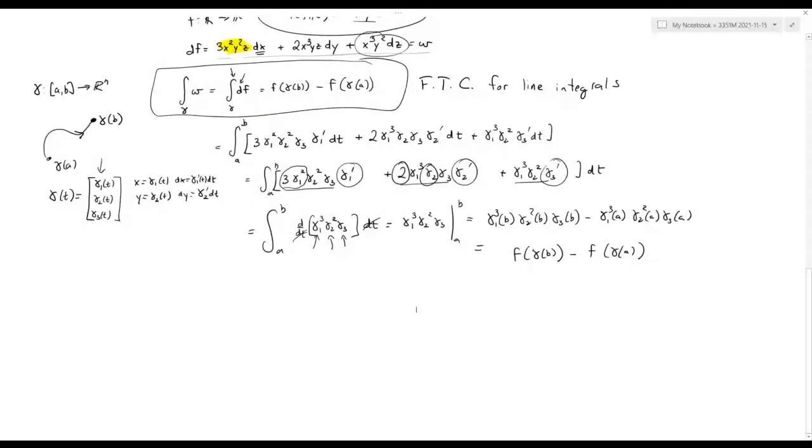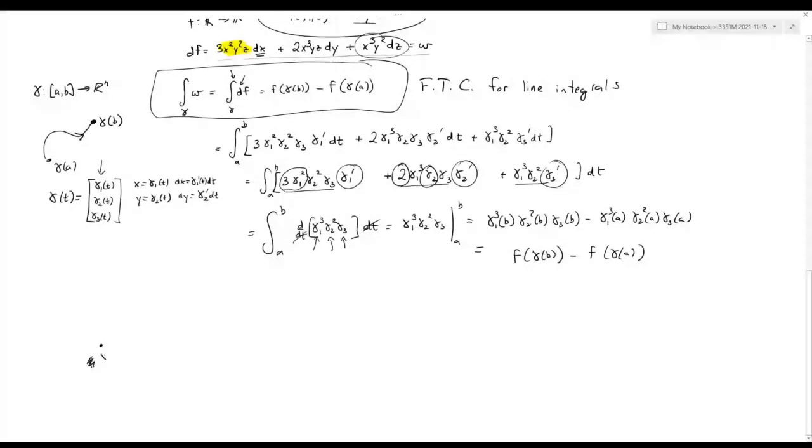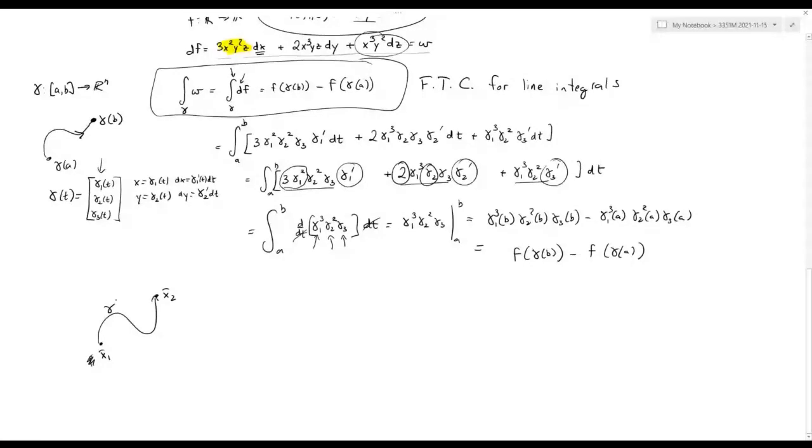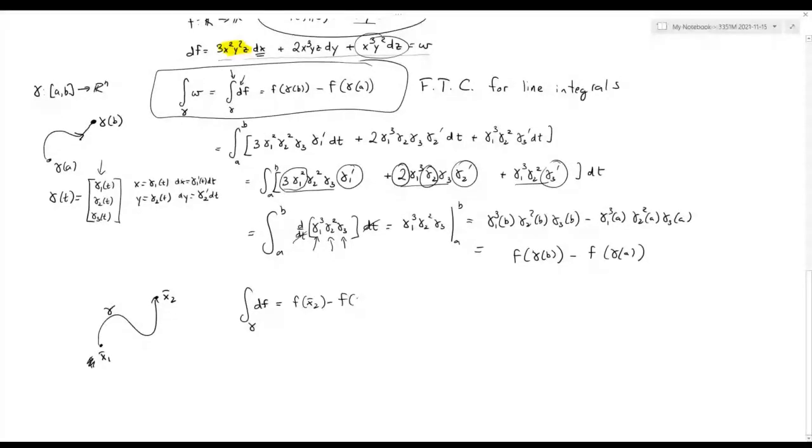So the integrals from, let's say, x1 to x2, regardless of the path, as long as you have the same starting point and ending point, would always just be the real valued function f at the terminal point minus the starting point.